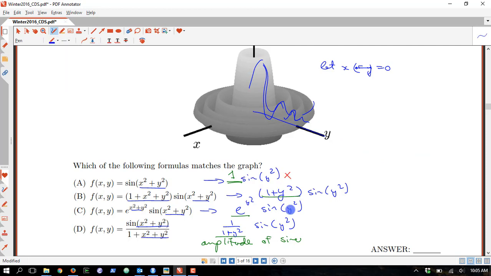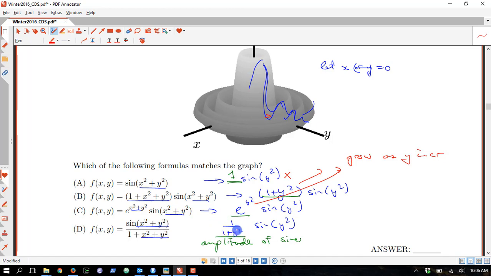What does that leave? Well, B, C, and D. If we take a look at the next two, though, these have amplitudes that grow. They grow as y increases. As you move out this way, these amplitudes will get bigger and bigger because y squared increases, e to the y squared increases, and so that doesn't fit with what we want in our particular scenario.